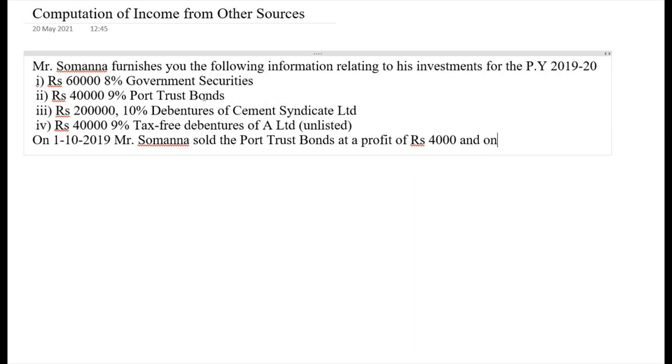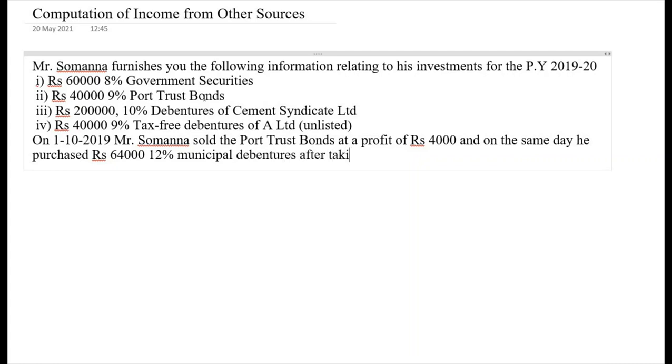on the same day he purchased rupees 64,000, 12% municipal debentures after taking a loan of rupees 20,000 at 16% per annum interest.